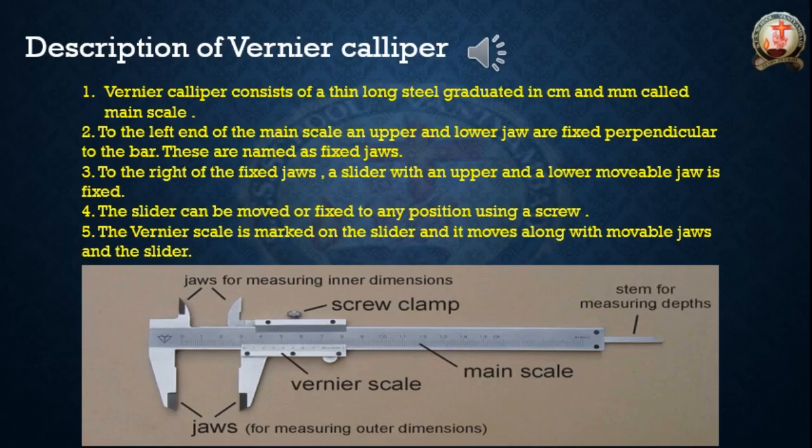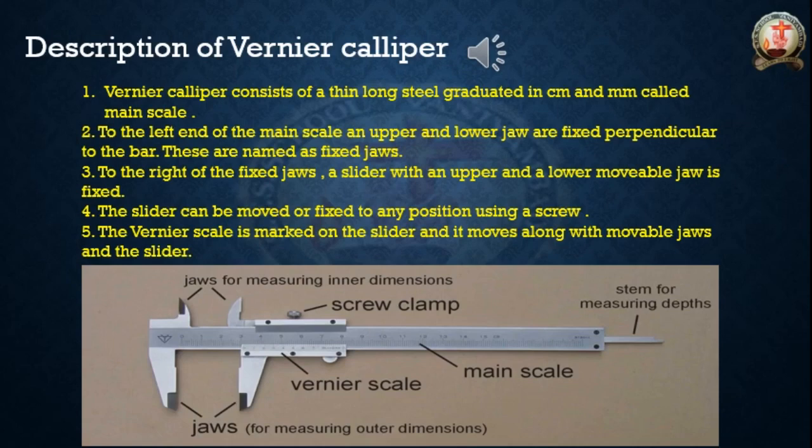Okay, so please see the slider. On the downside of the slider, you can observe the screw clamp heading in the figure, indicated like an arrow mark. That is a screw, and that fixed part is the, what is that fixed part's name?